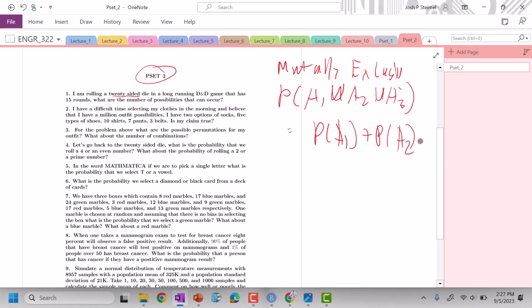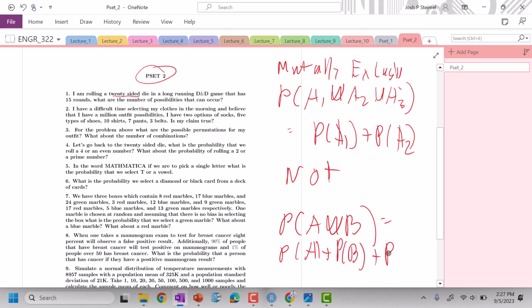If they are not mutually exclusive, we have to take the probability of A and B. It's going to be equal to the probability of A plus the probability of B minus the probability that A and B are satisfied simultaneously. So let's look back at our problem here.